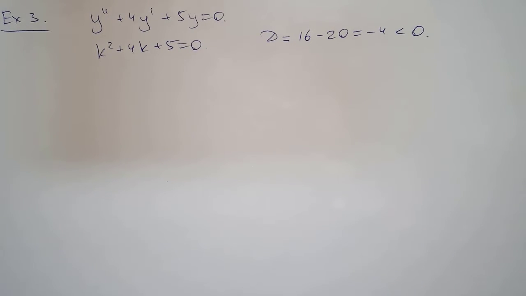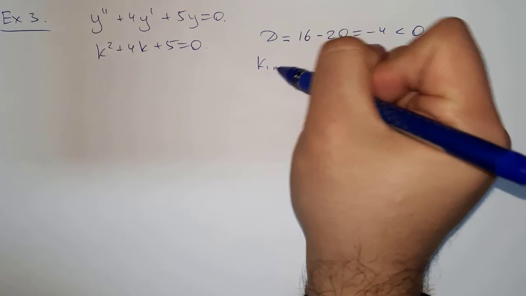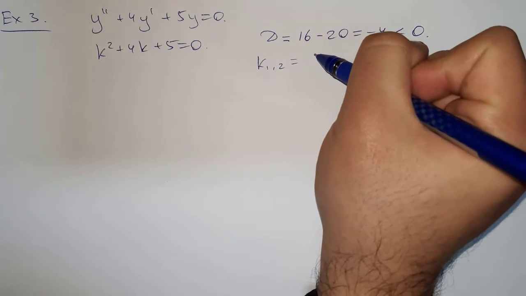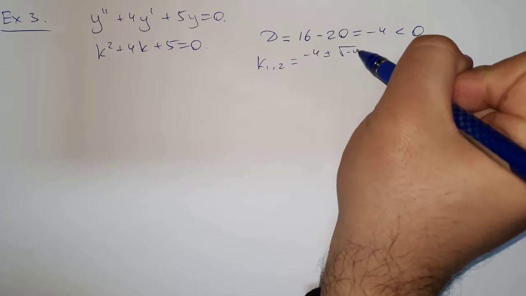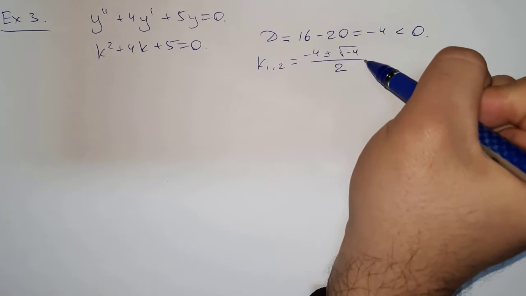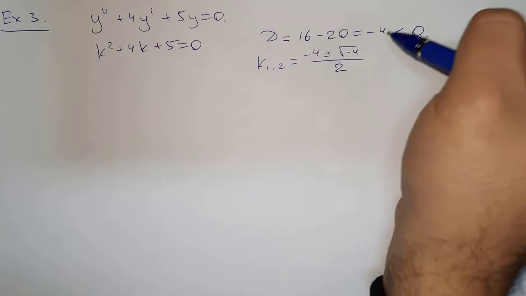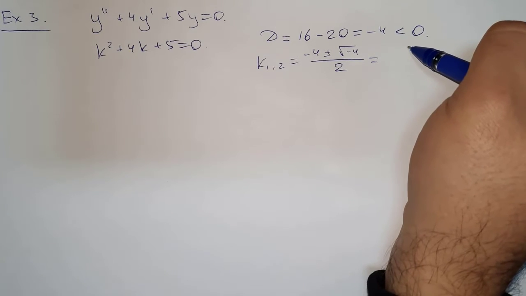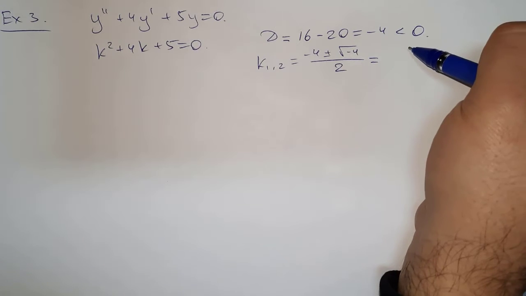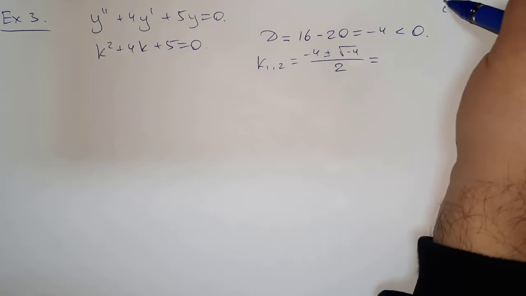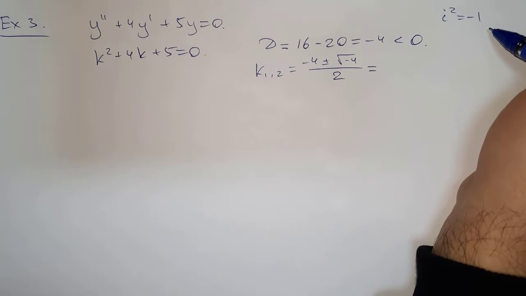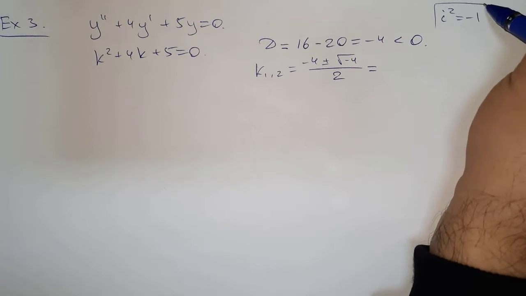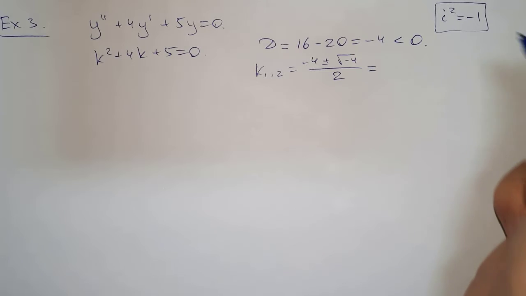And k1 and k2 are minus 4 plus minus square root of minus 4, over 2. Minus 4 is (2i) squared, because i squared is minus 1. Remember, in complex numbers, i squared is minus 1.